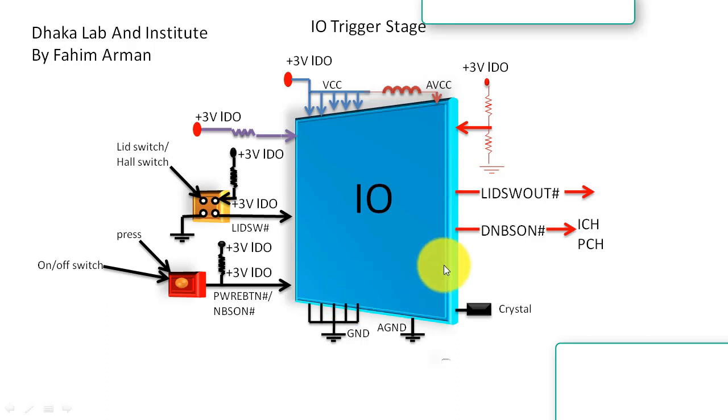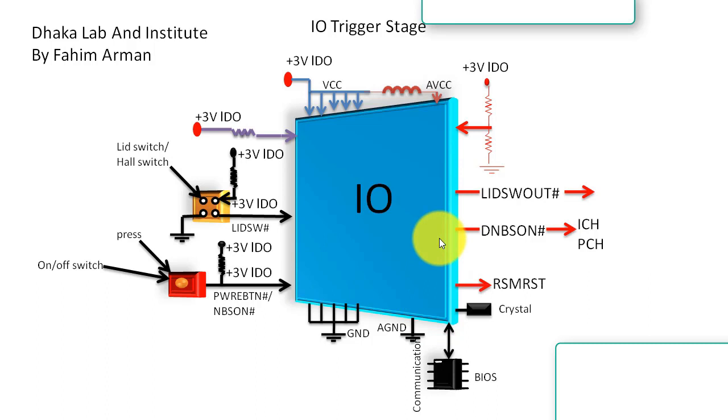Okay, so after getting this signal, the IO will pass another signal, that is the DNBS on hash. Okay, and it will go to ICH or PCH, and then there will be communication with the BIOS. IO will communicate with the BIOS, and after the communication succeeds, then there will be the last part, that is RSM reset.